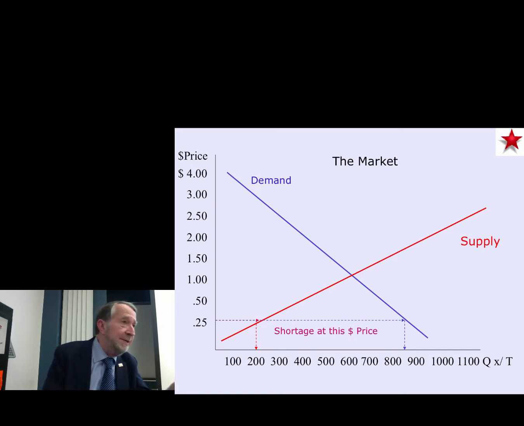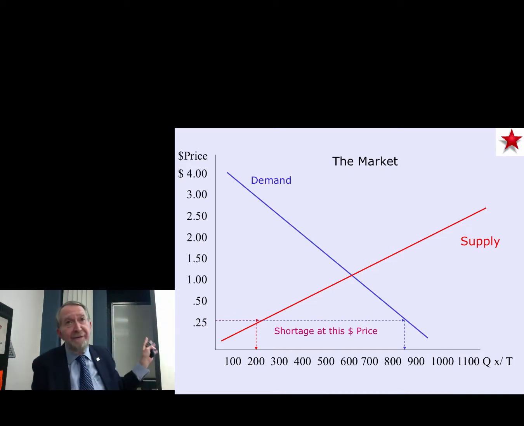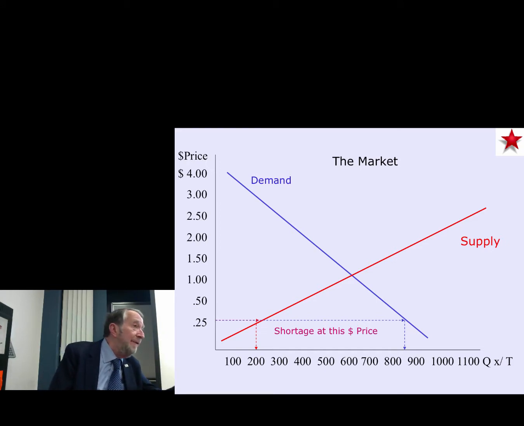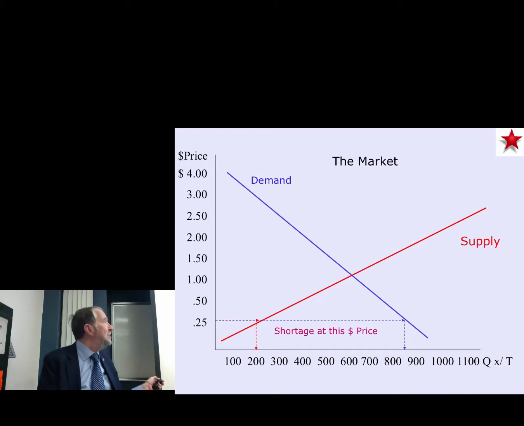what they always wanted to do, right? They always wanted to. Shortage says I'm able to do that because somebody out there is willing to pay more than 25 cents. In fact, you buyers may have even said to them, I would have paid $1.50 for flank steak, right? But clearly, unsatisfied buyers means that they're able to raise price. As they raise price, they're willing to produce larger amounts.